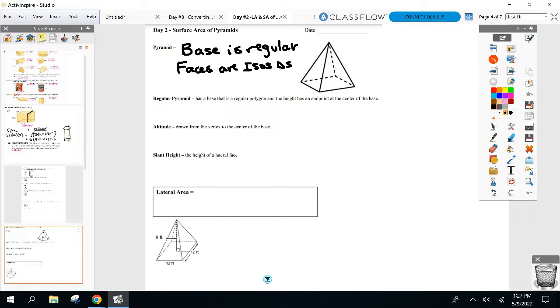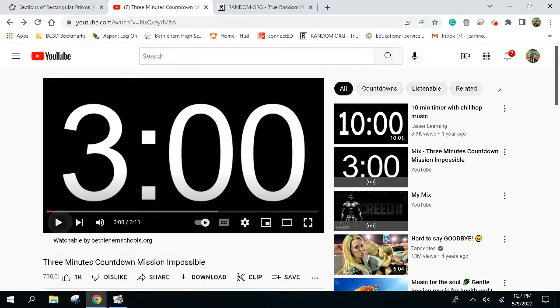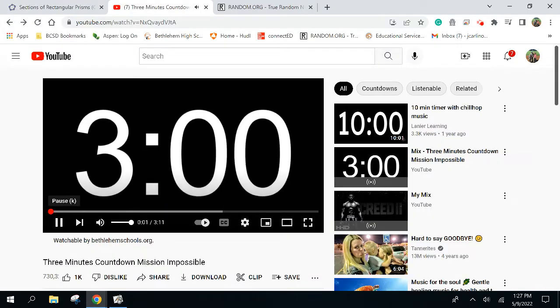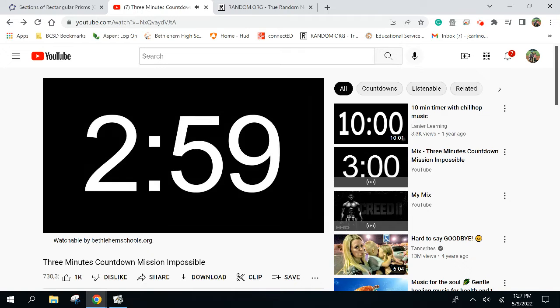To figure out the altitude versus the slant height, you've got to get into your Mission Impossible mode. So here's what you've got to think of with the heights. Everybody's inside the pyramid right now.